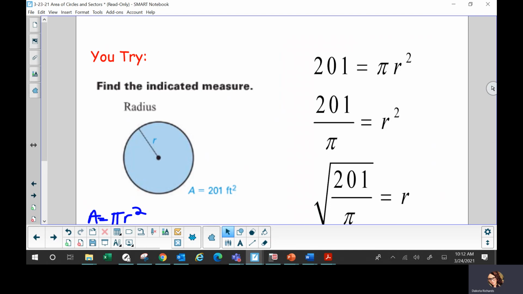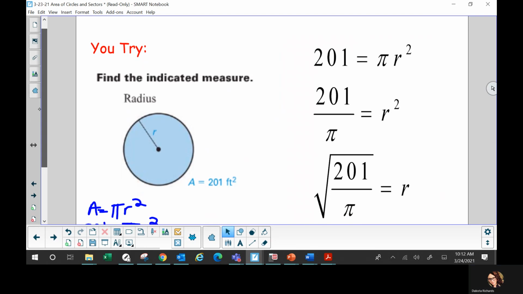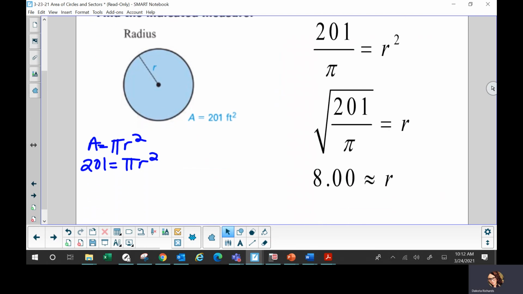You're going to divide by pi and then take the square root of that. You should get 8 is your radius. So if you get 64, you just take the square root. Good. Questions?